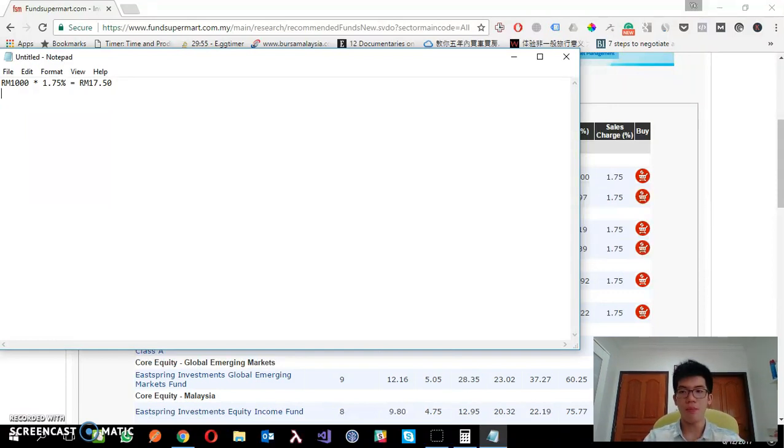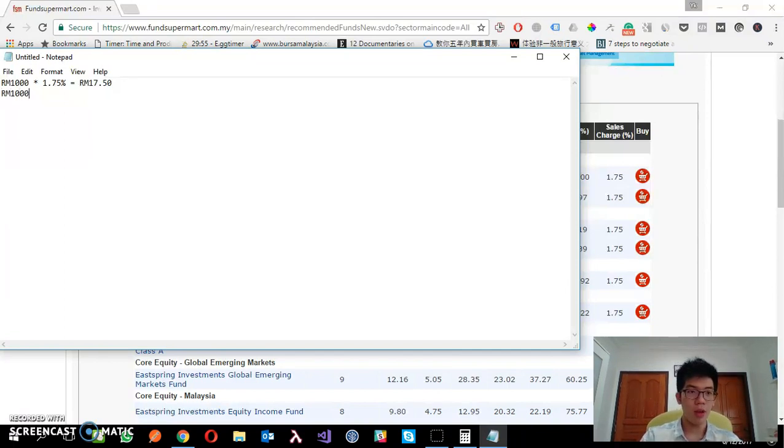So basically, it's the fees that we pay the fund managers for managing and ensuring the profit of our funds. Basically, we are paying them a salary to manage our funds. In layman's terms, it's like that.